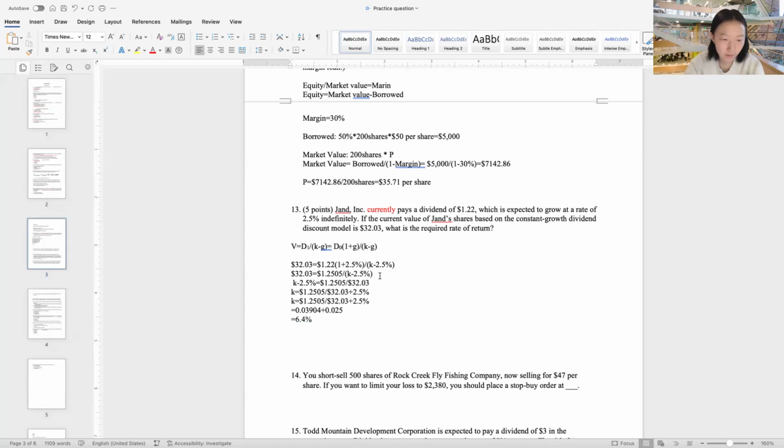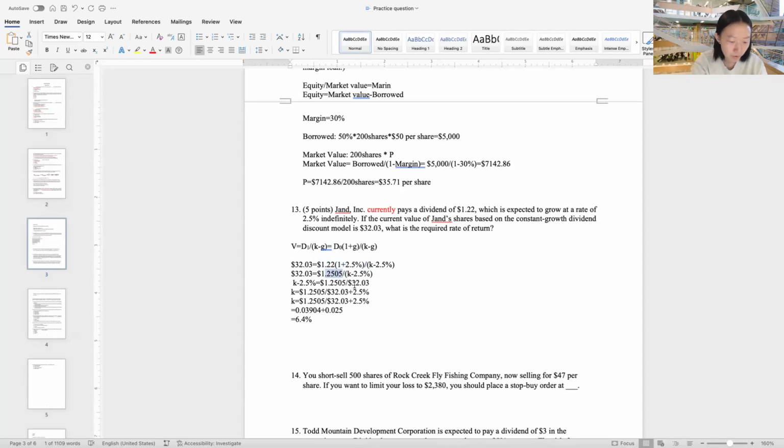Let me see if I calculated correctly. Double check again. 1.22 times 1.025 equals 1.2505, and this part is right.